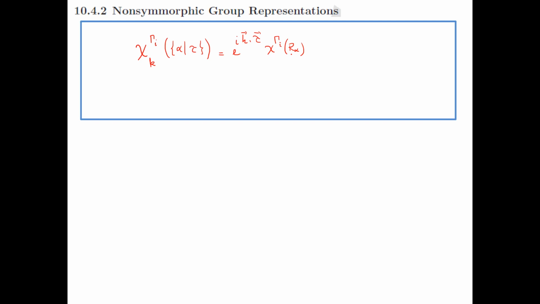So the basic difference here is that for non-symmorphic groups in general, tau, for some operations, is going to be different from 0.